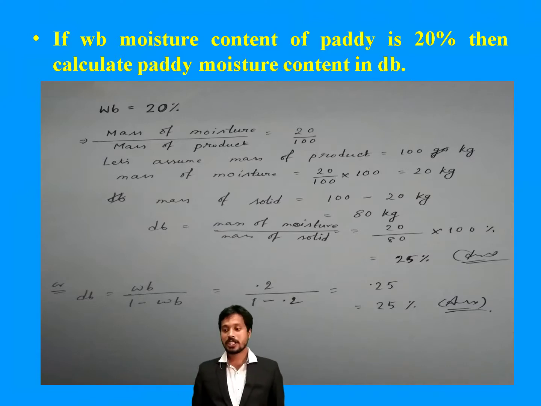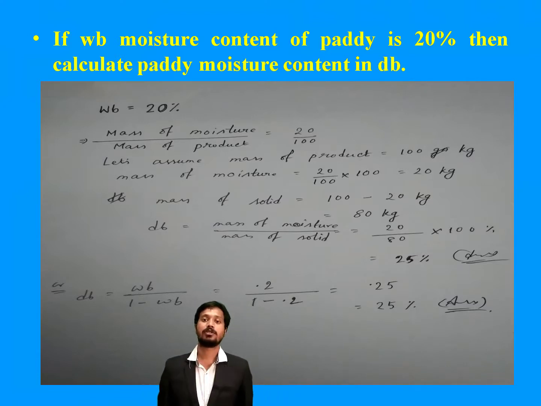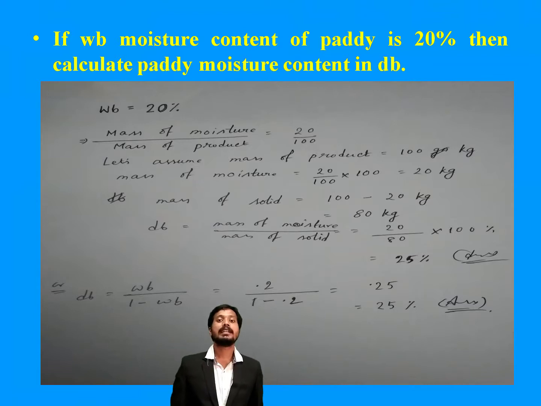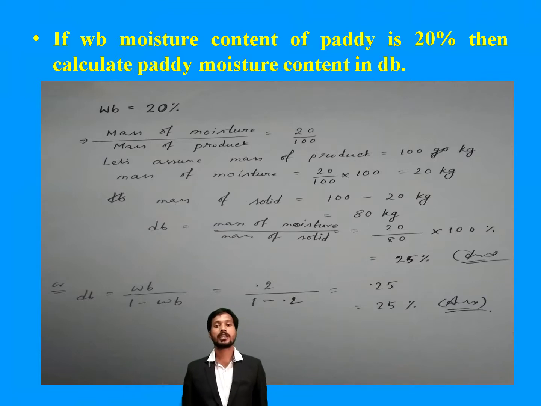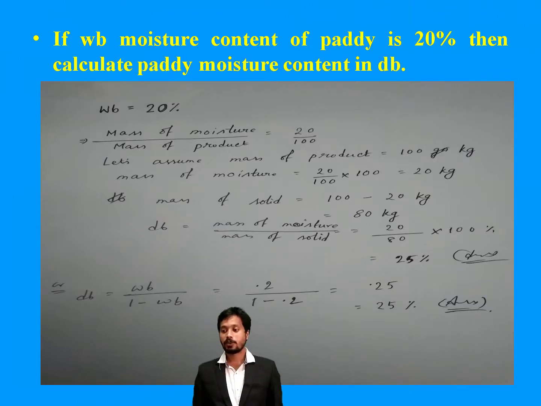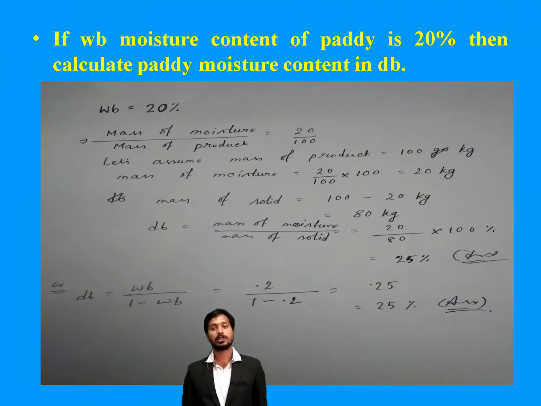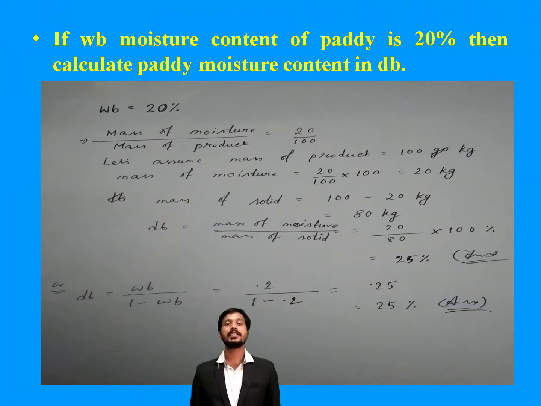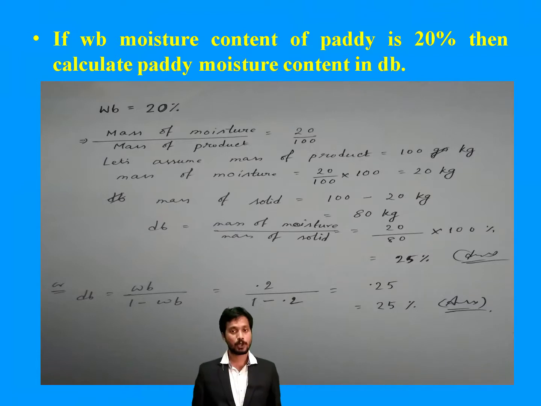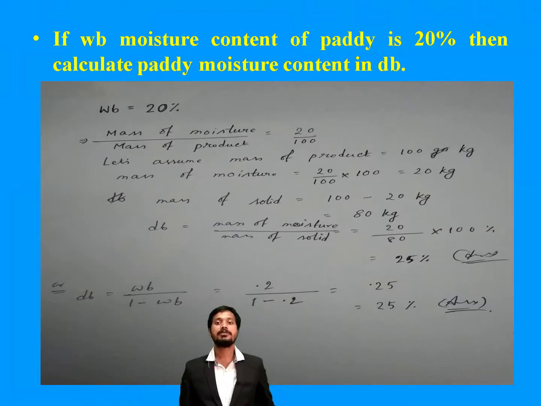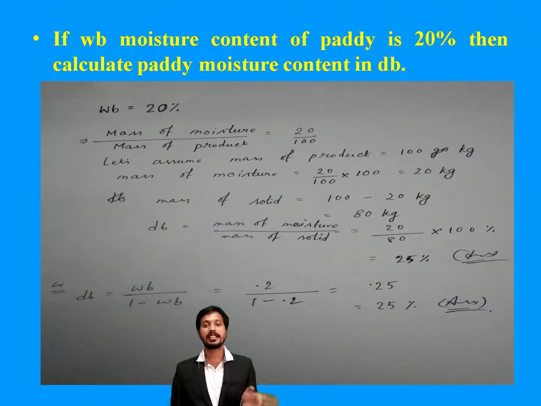In 100 kg, 20 kg is water. So in 100 kg of product, how much water will be there? We can do 20 by 100 into 100, which means 20 kg is the weight of water in 100 kg of product.